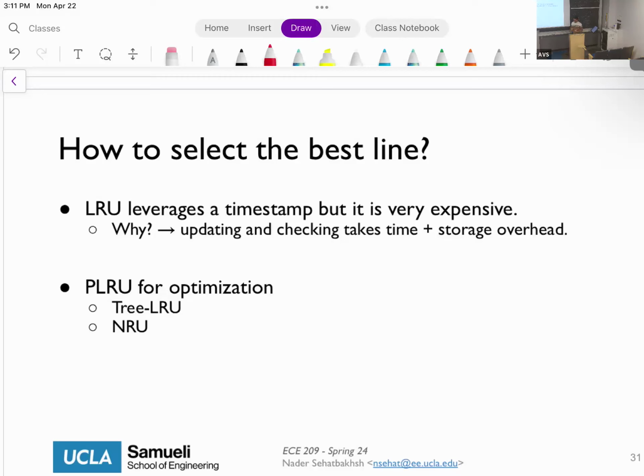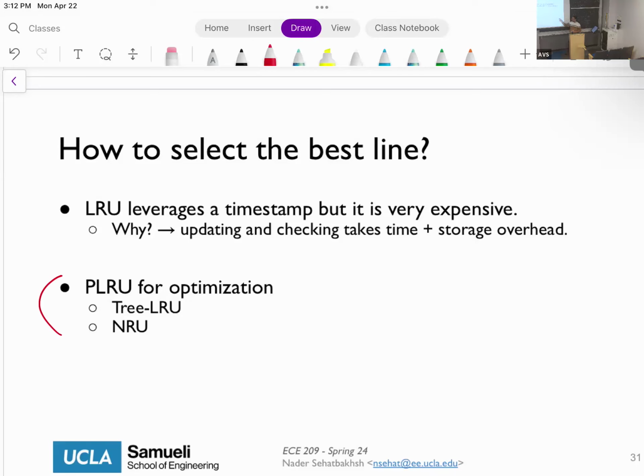One big thing we usually talk about in our regular classes is that LRU itself is very expensive to implement, because you need to keep track of these timestamps and update them for every single cache set and every single cache line. So what we do in real processors is pseudo LRU, or PLRU.